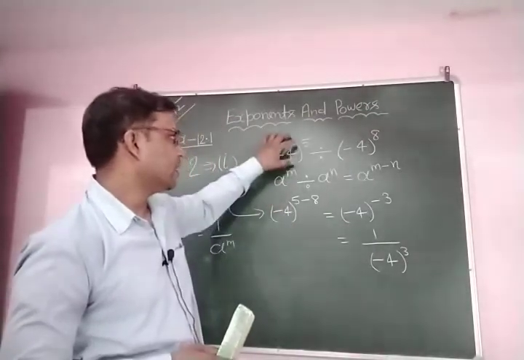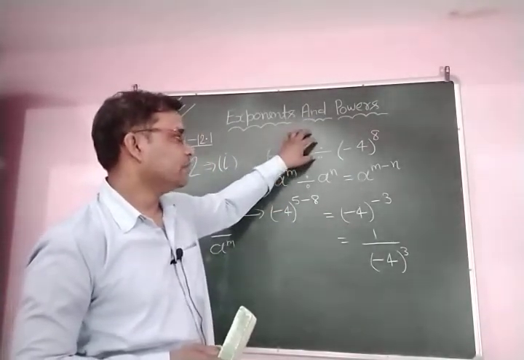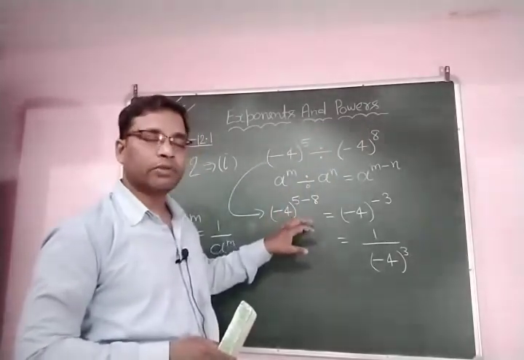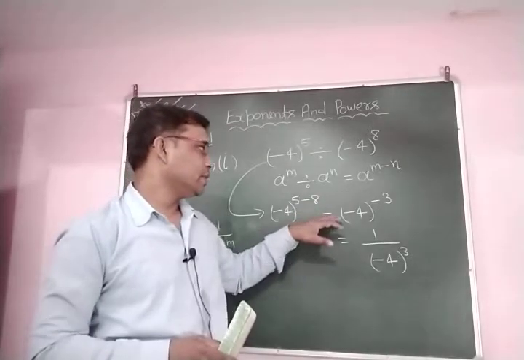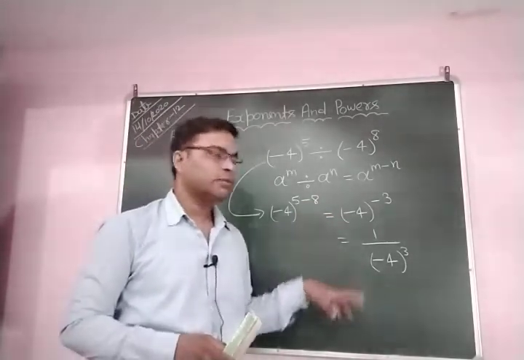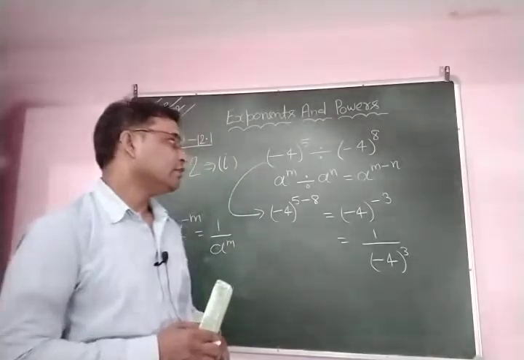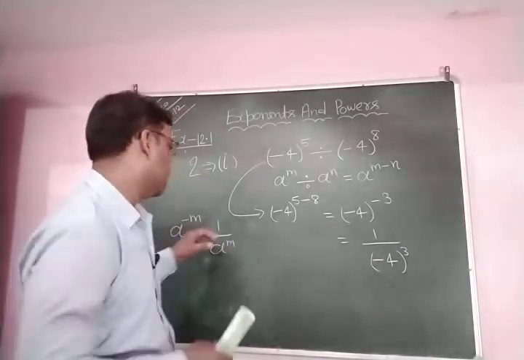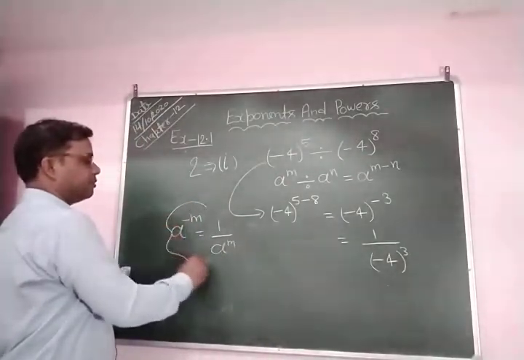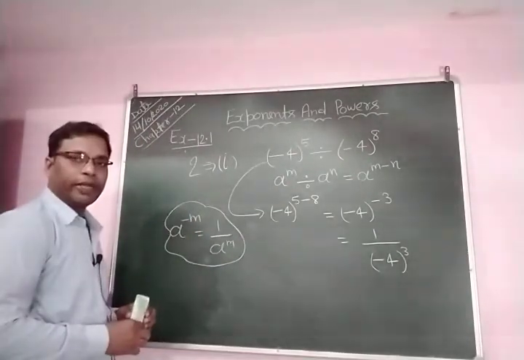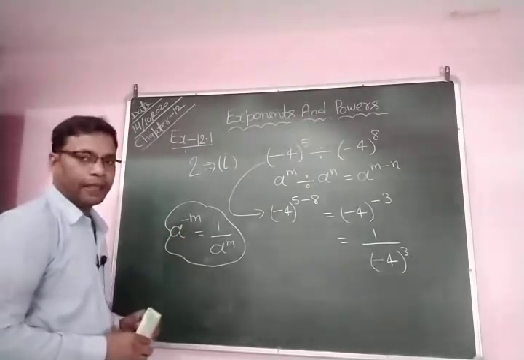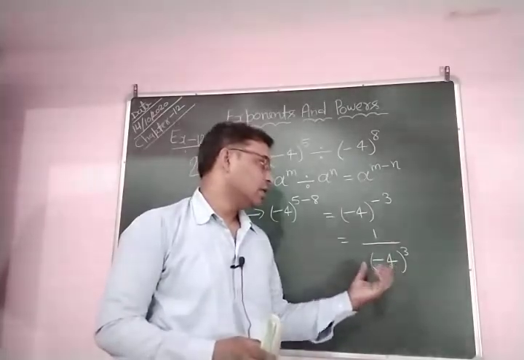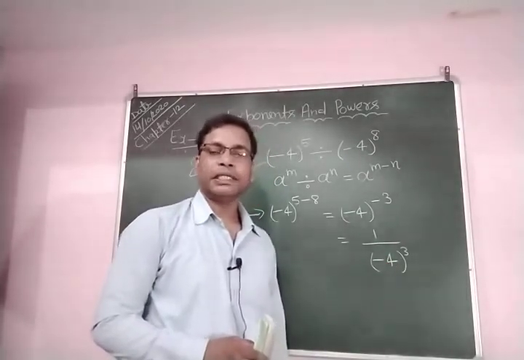Similarly, minus 4 to the power 5 divided by minus 4 to the power 8 is minus 4 to the power 5 minus 8. 5 minus 8 is minus 3, so you have minus 4 to the power minus 3. But here we need to express it in positive exponent, so you can take help from this law: a to the power minus m is equal to 1 upon a to the power m. So you can also express it as 1 upon minus 4 to the power 3.